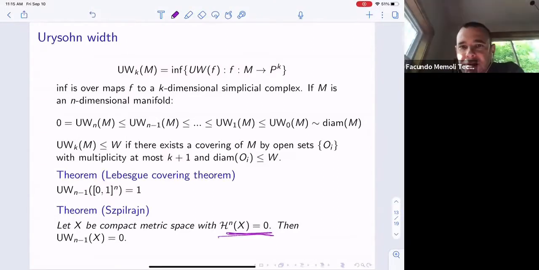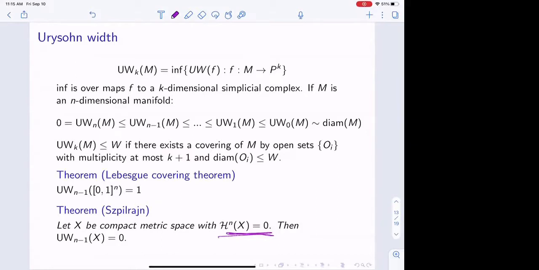Yevgeny, there's a question by Barish. He's asking, can you do this intrinsically? And I presume he was referring to the implication by the Lebesgue covering theorem. Barish, can you define this covering intrinsically?